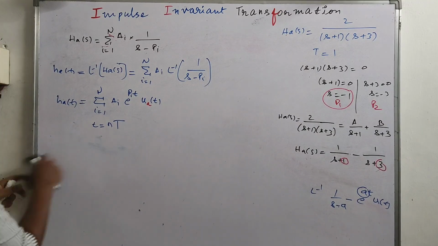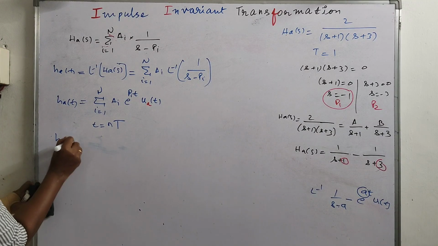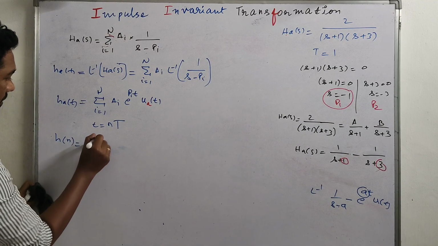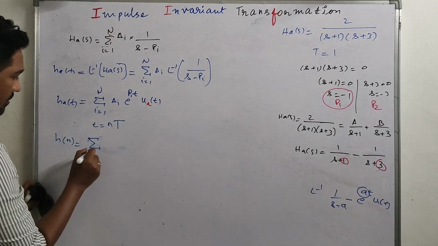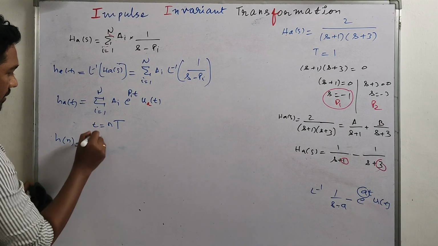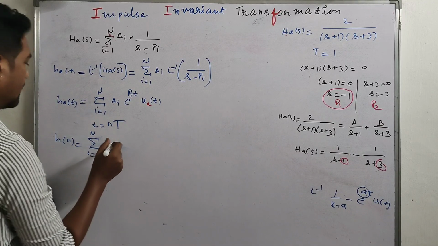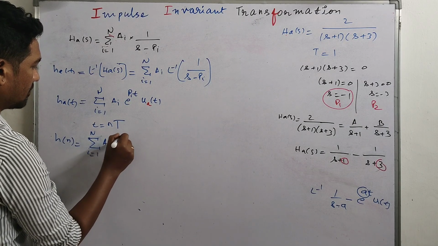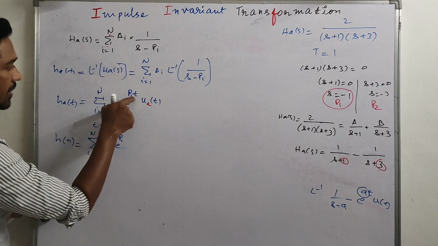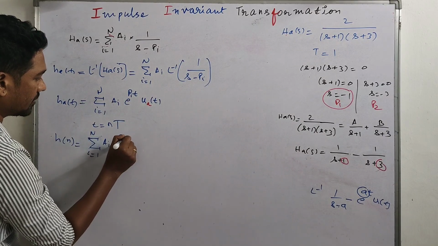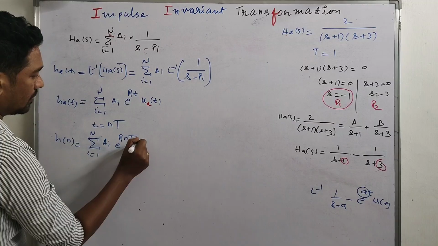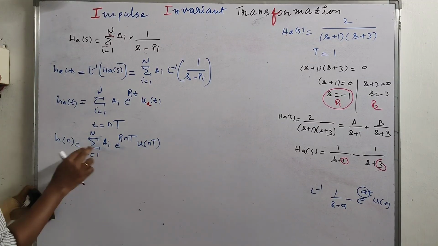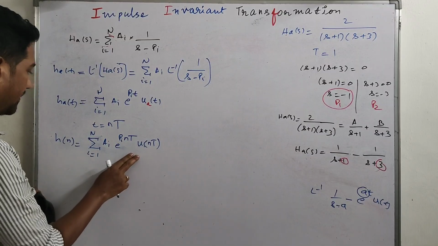So h(n) will be equal to this one, summation i equal to 1 to n as it is, and a_i also as it is, and e raised to p_i, with t plugged in with nT, p_i nT, u(nT), the impulse response of the digital filter.